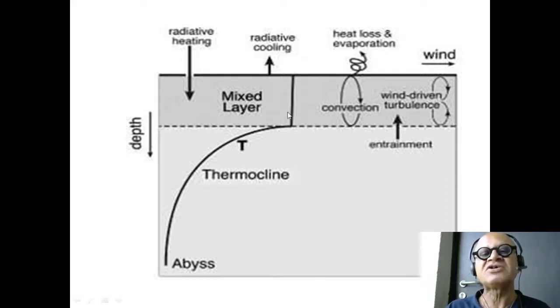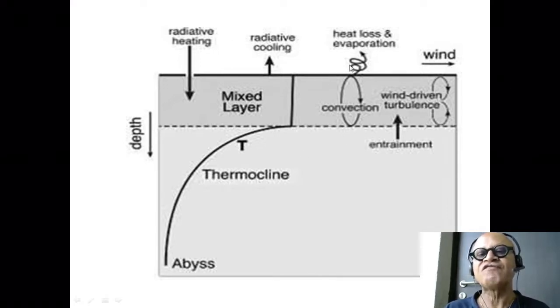Nonetheless, the mixed layer is fairly uniformly mixed in terms of temperature vertically, and then there is this sharp gradient that we mentioned as the thermocline. Thermocline means temperature gradient. You will get a similar thing for salinity and density, but the other way nonetheless.